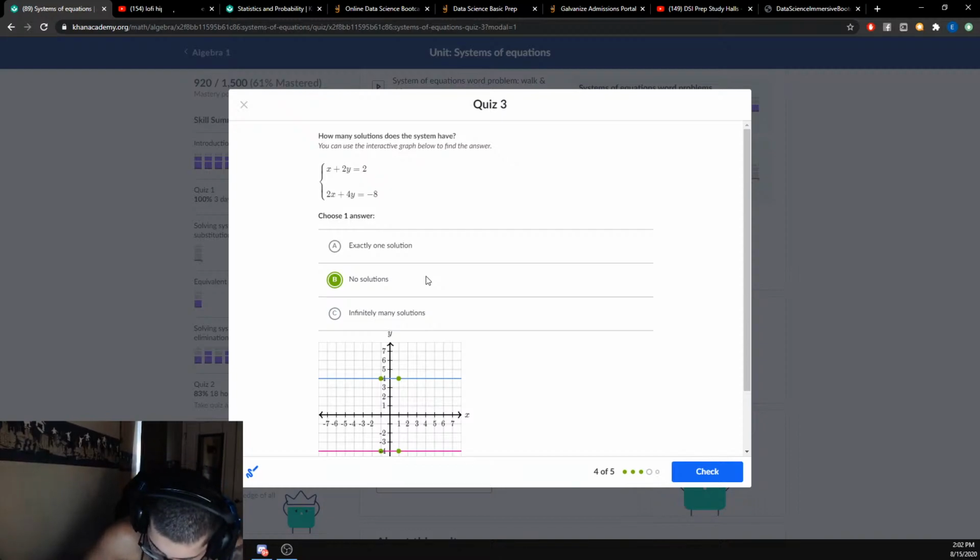If I multiply this top one by -2, this is gonna be -2x plus -4y equals -4. These cancel, these cancel. 0 equals -12.